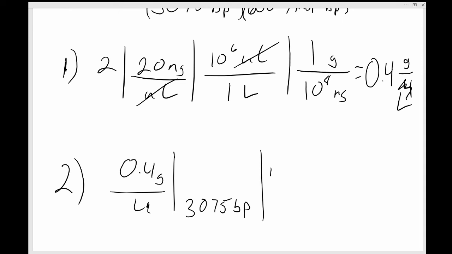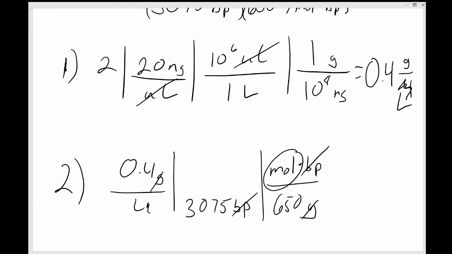And then we have the moles times the base pairs, which will cancel here, over 650 grams, which will cancel here. So all that leaves us is moles over liters. And at the end, we will get around 2 times 10 to the negative 7 molarity, or really 200 nanomolar.